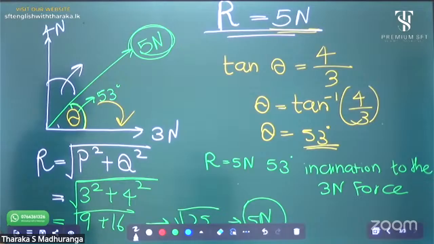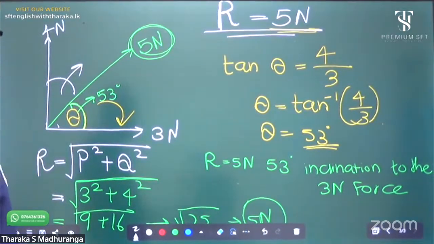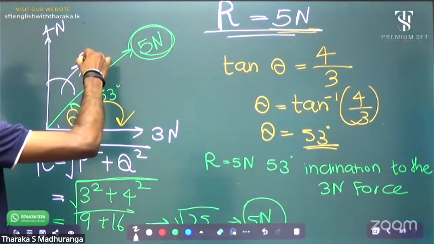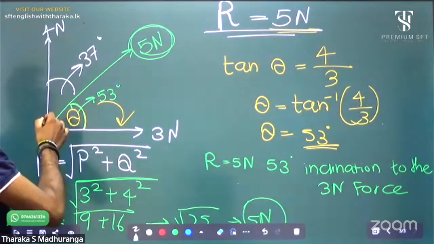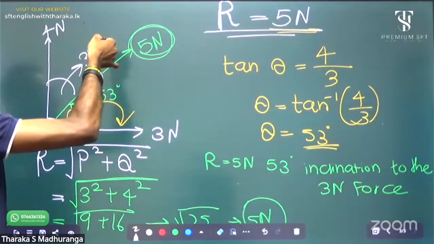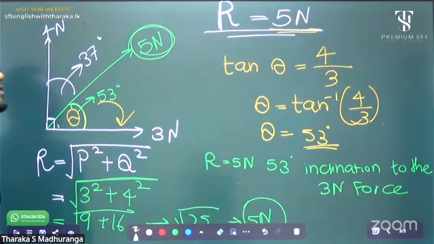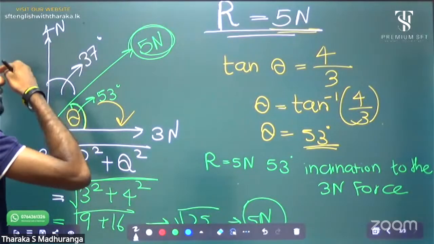What is this remaining angle? Yes, it is 37. Good. 37 degrees. How did you get this? If it is a right angle, 53 plus 37 is 90. That's all. 90 minus 53 is 37.